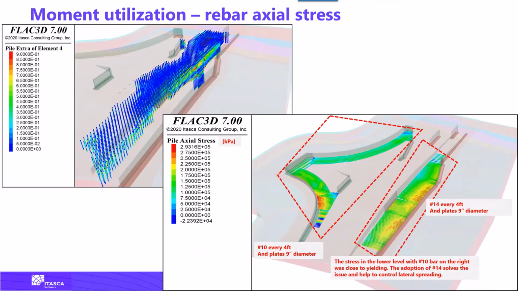Okay, so the upper slide is showing the moment utilization in the column, which is essentially the ratio between the moment exerted and the moment capacity, which is a function of the axial force.